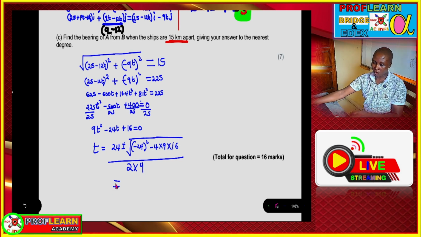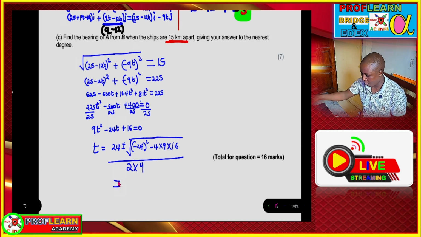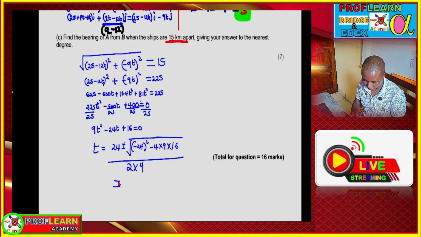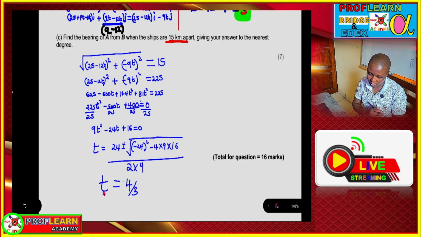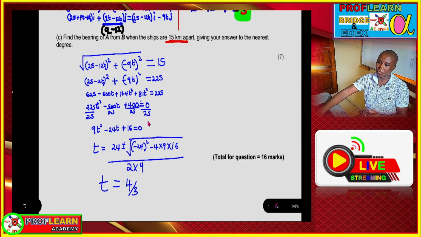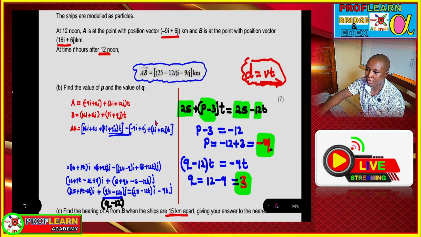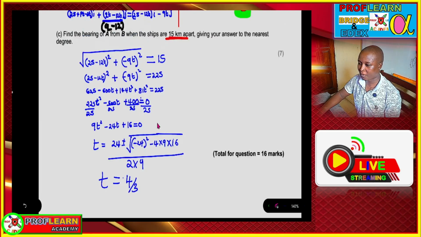If we put this in our calculator, it is going to be 4/3. Our t is 4/3 because that is exactly what we shall have.